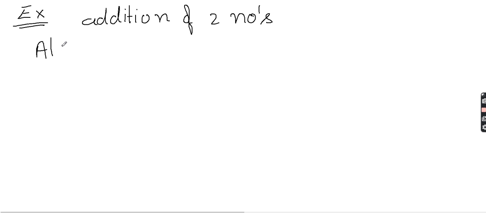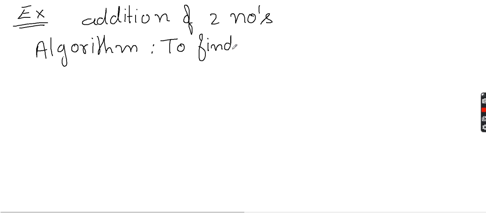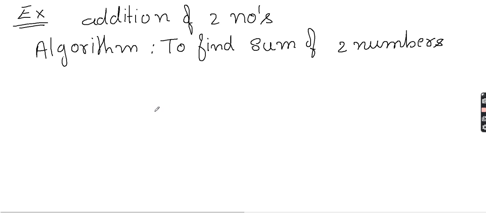I'll start with the algorithm: to find sum of two numbers. Next, what should I have? I should have step numbers. I will write step 1: first, I should start.